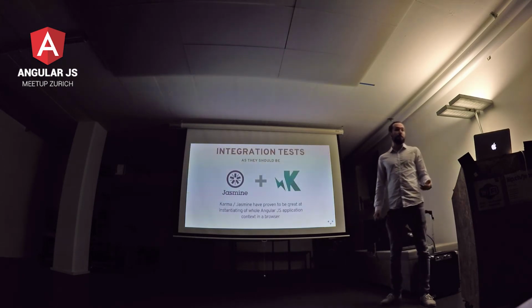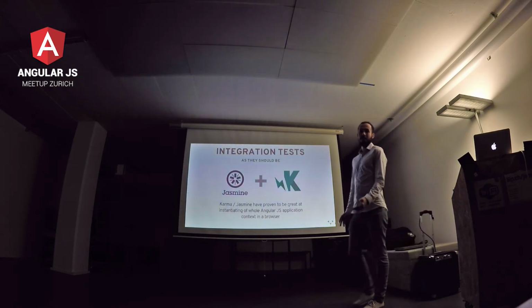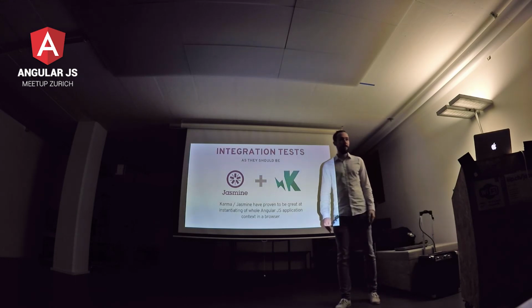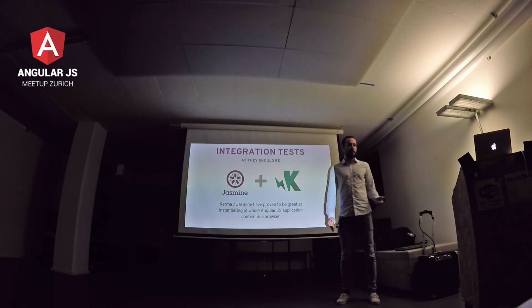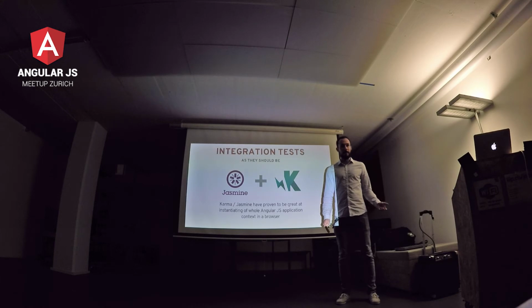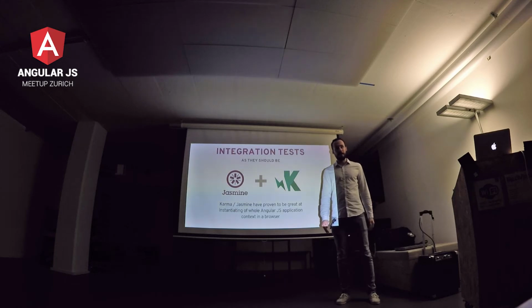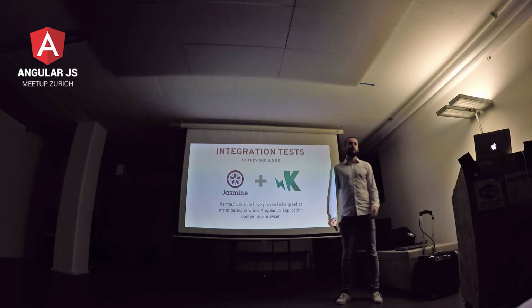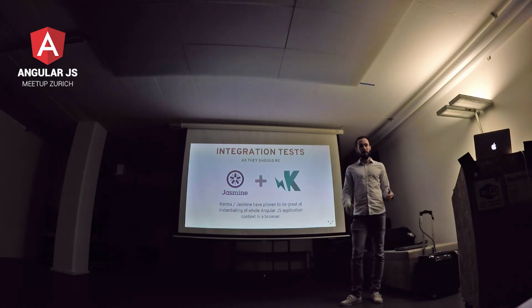And what about the proper integration test? Then of course we are getting back to Karma and Jasmine, because they're really good at one thing, which is instantiating the whole Angular application and instantiating all the services and mocking them with the $provide functionality. So if you want to do bigger flows, or test some UI-related stuff like directives, then of course this is the way to go.